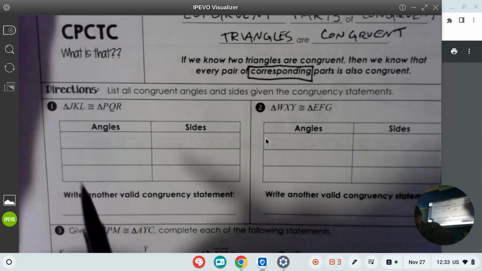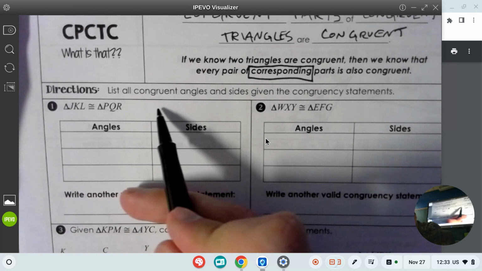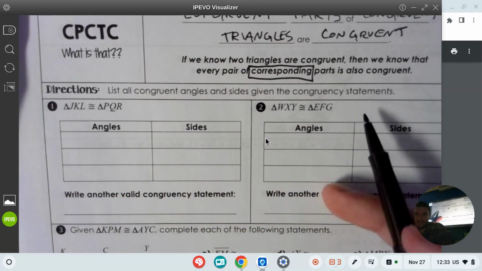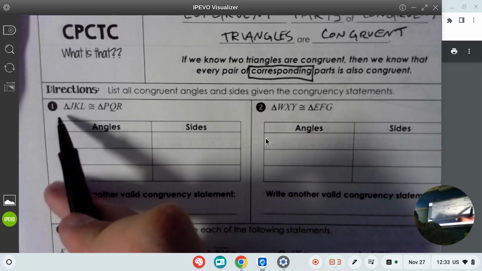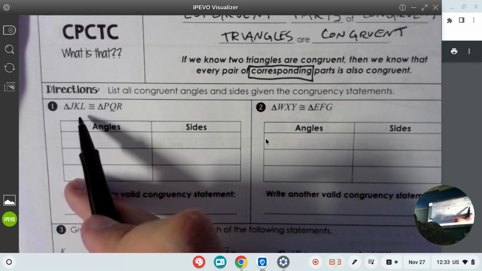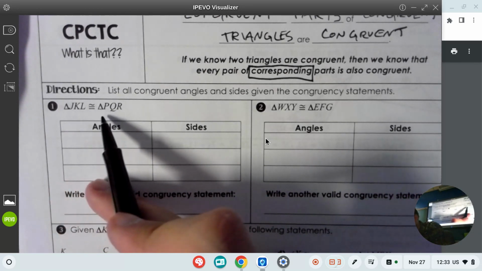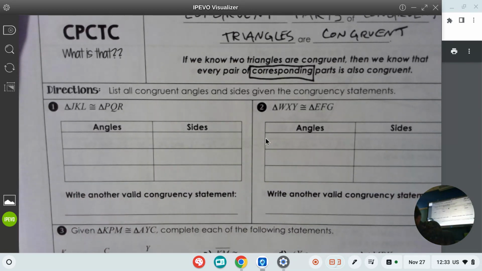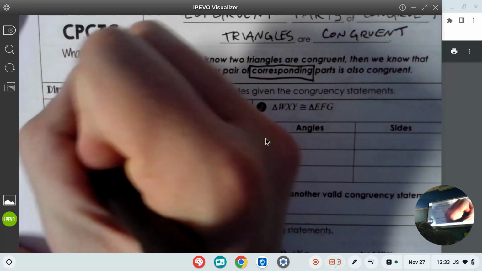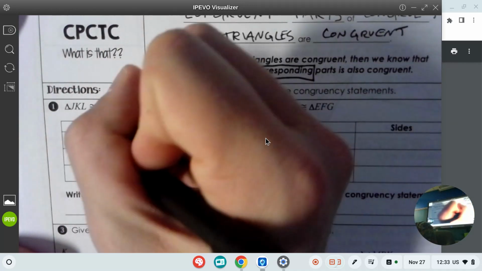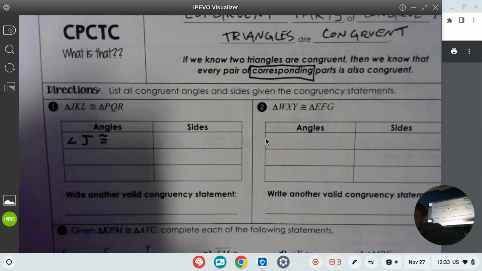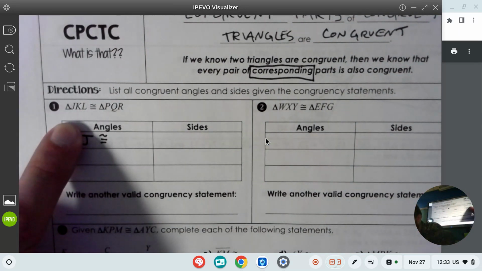So it says list all congruent angles and sides given the congruency statement. We know that triangle JKL is congruent with triangle PQR. And so what we're going to say is angle J is congruent, and which one is J congruent to?